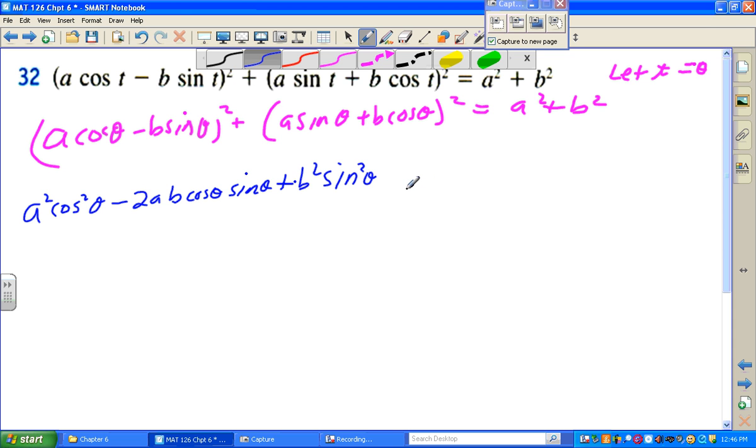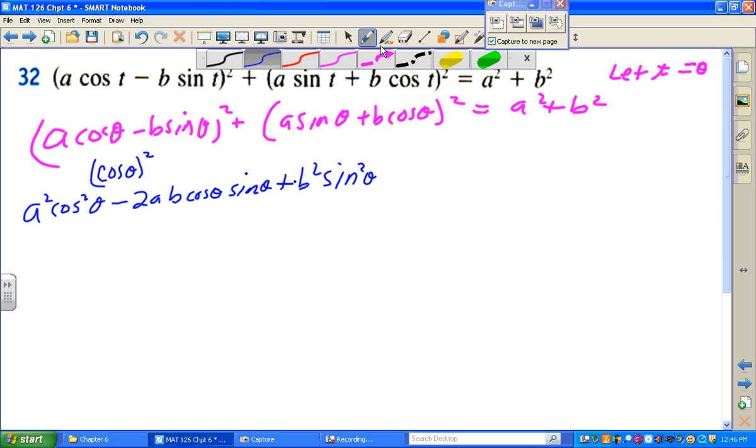Now, let me make a little note here to self. Cosine squared of theta is the same thing as cosine theta all squared. They mean the same thing. One's a shorthand way of writing it, the other is a graphing calculator way of writing it. But if you want to carry your work through with this, cosine times cosine is cosine theta squared, that's fine.